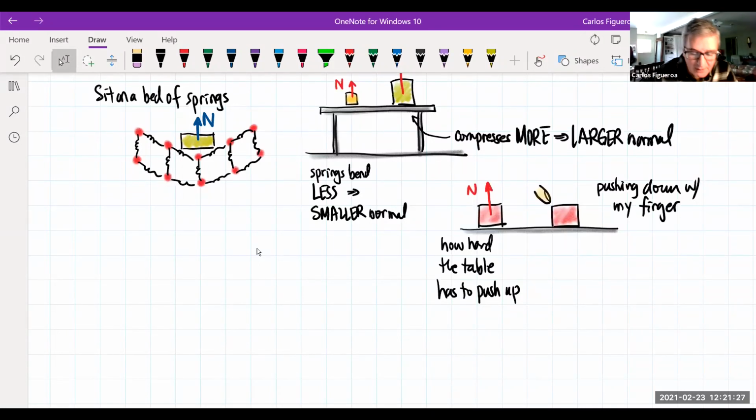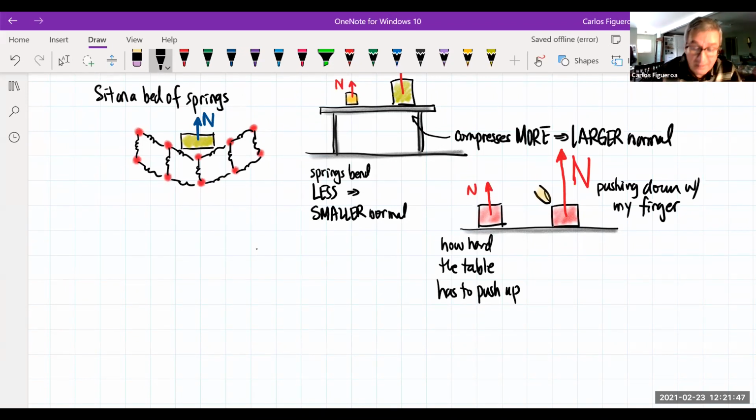How do you expect the table to respond? Of course, the table has to work harder. What you're really doing here is compressing the springs more.